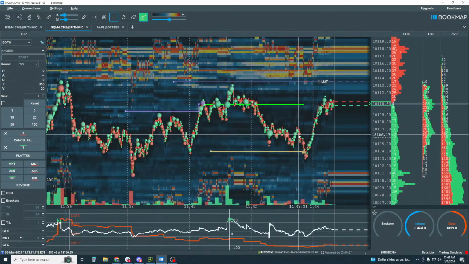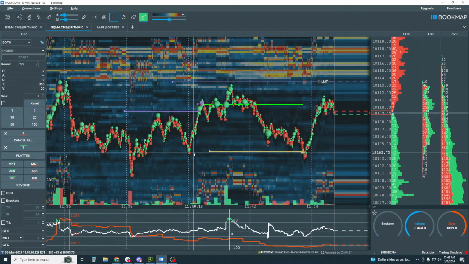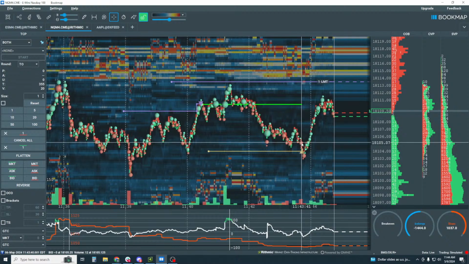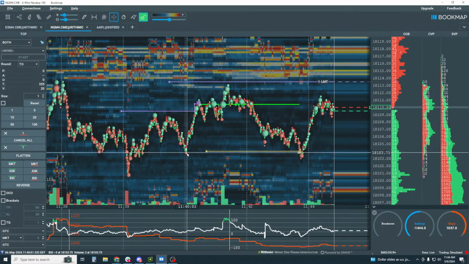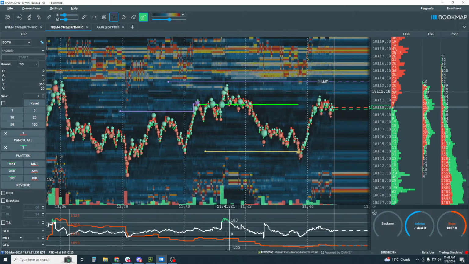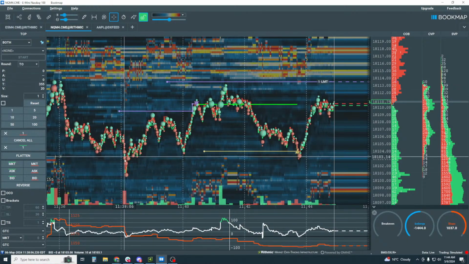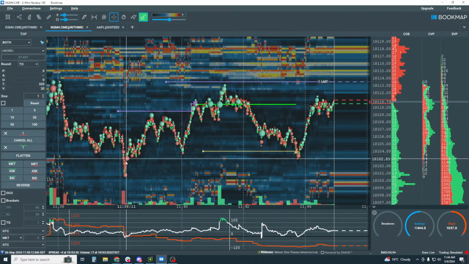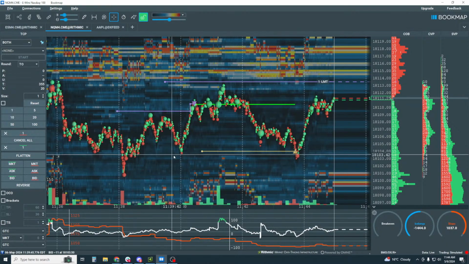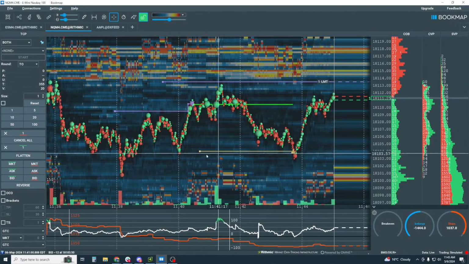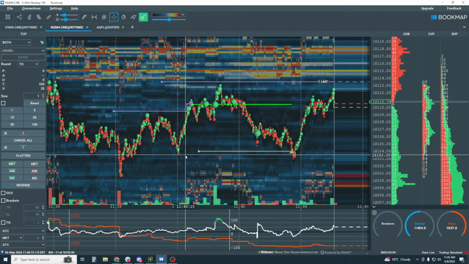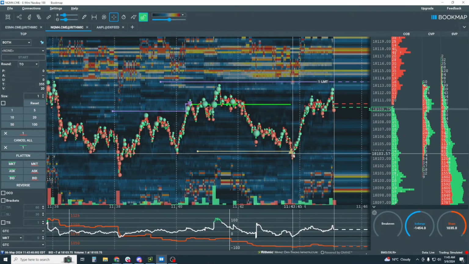Just like this one can make sense when we start to understand some of the players within the ranges in here. We know that this is a stop run here. So we've rejected and we came back up and retested here a bunch of times. So we're looking for the move here and the potential rejection here as well.